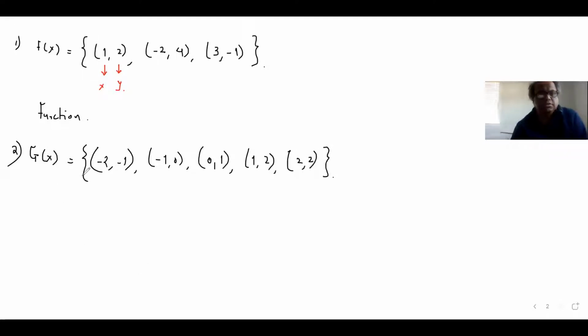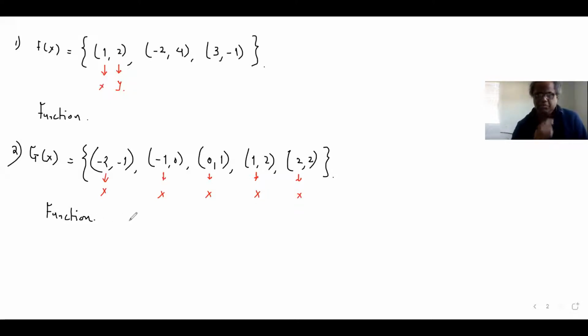Again, I will focus only and only on the x-axis. This is x, this is x, this is my x, and this is my x. So as per the definition, if x values are unique and not repeating, the given relation is a function.